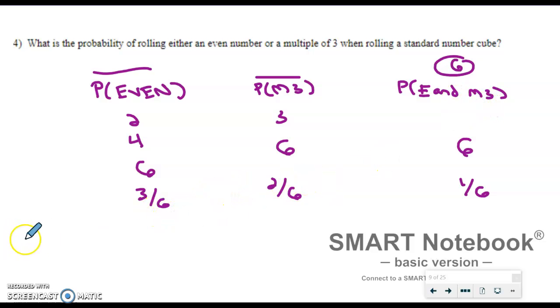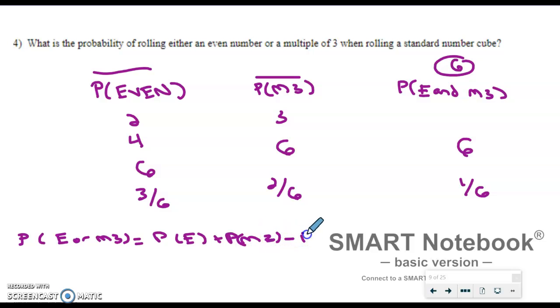So to find the probability that it's even or a multiple of 3, we're going to take the probability that it's even plus the probability that it's a multiple of 3, minus the probability that it is both even and a multiple of 3.